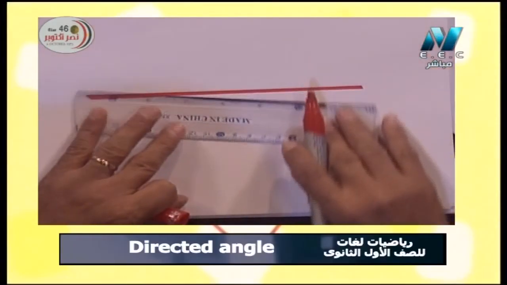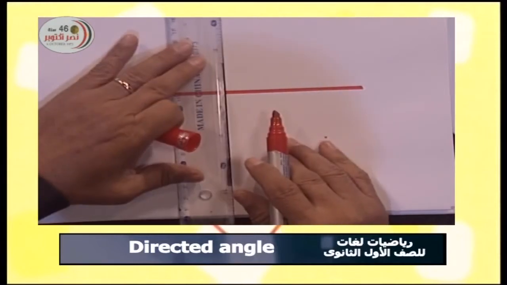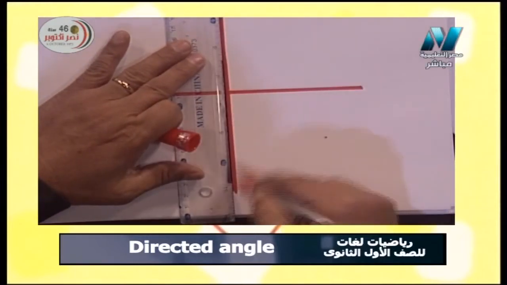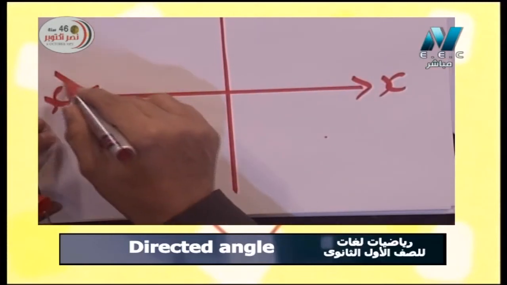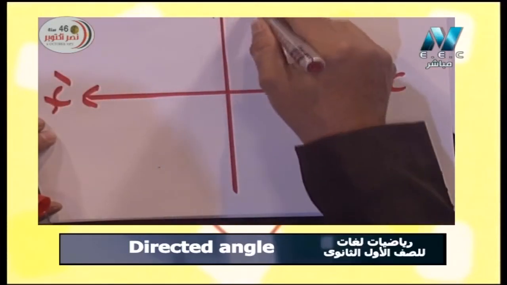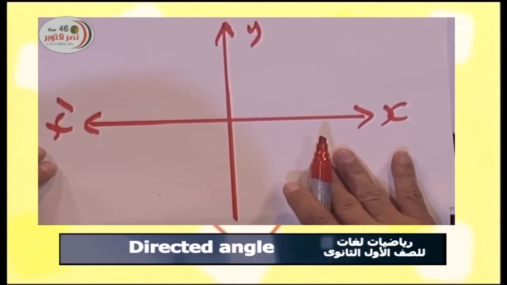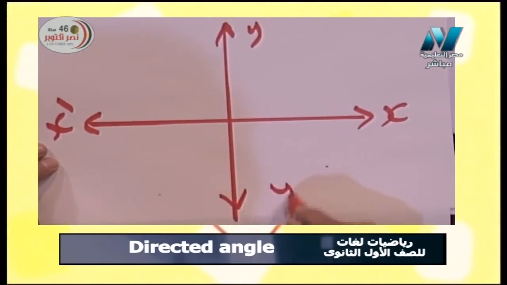Let's see here. If we have the x-axis and y-axis like that, we have here the x-axis and the y-axis, x dash, which is negative, y, and y dash.